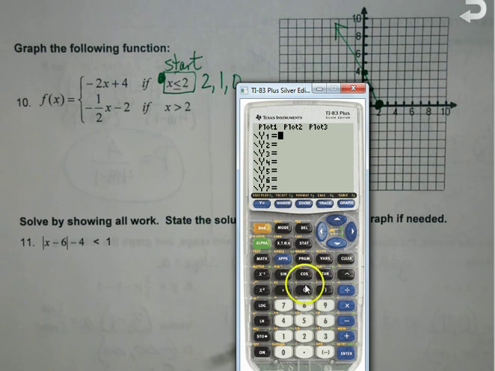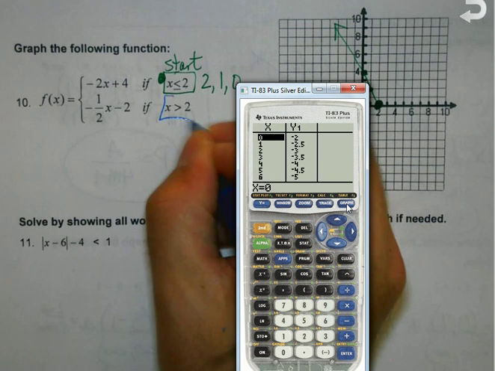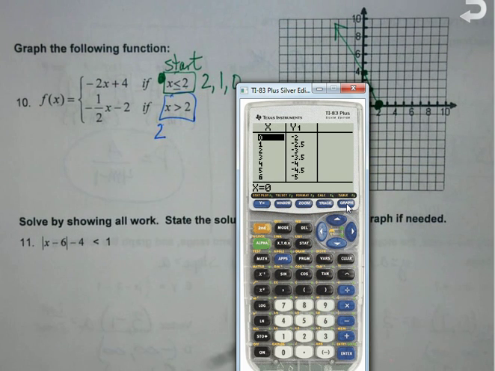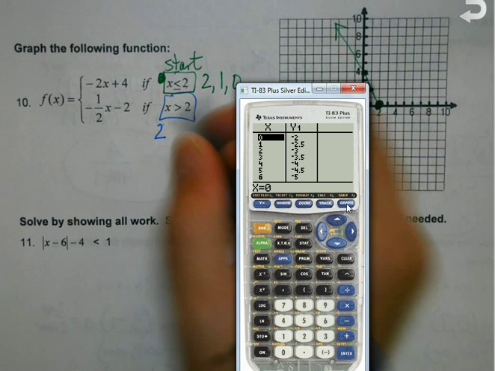Same thing on the next one. I'll clear the old one out, type in the new one, -1/2 x minus 2. I need the parentheses. Unless you have a calculator, they have the fraction button for that too. Again, I'm starting at 2, but now I want the values that are greater than 2 or to the right.